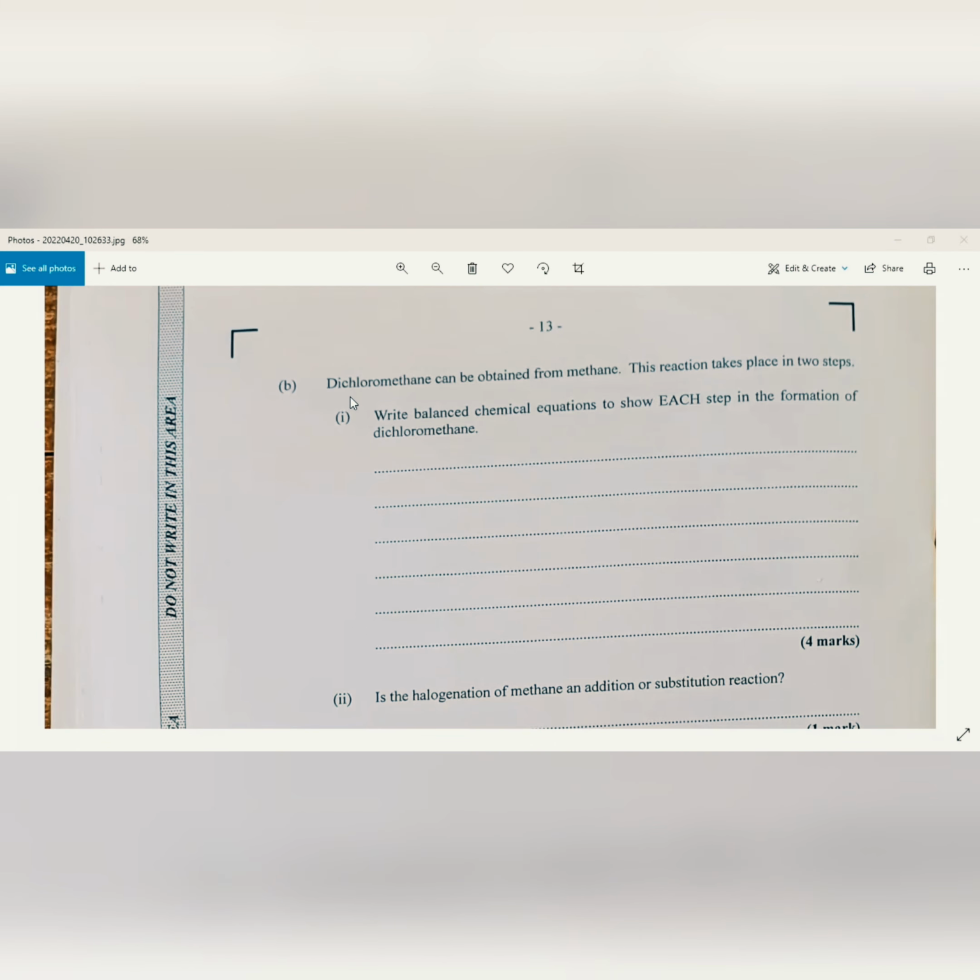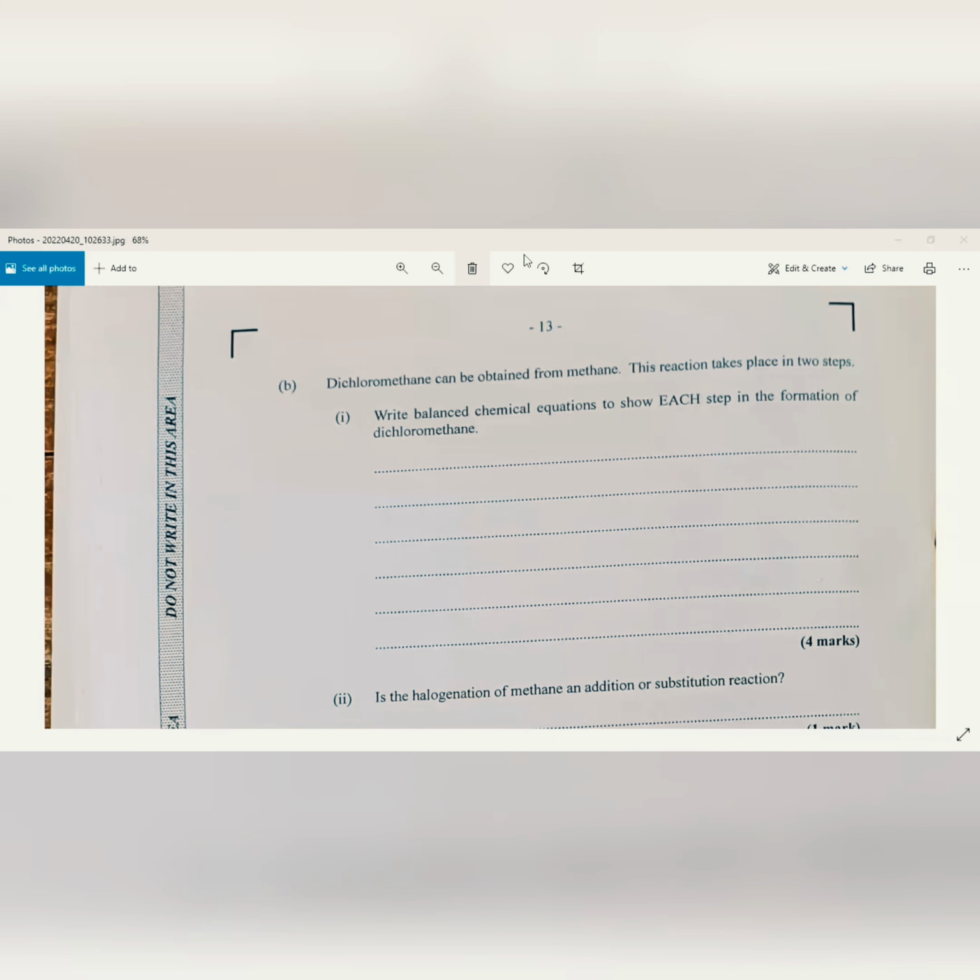All right, so this is the next part. Dichloromethane can be obtained from methane. So this is now an alkane. This reaction takes place in 2 steps. Write balanced equations to show each step in the formation of dichloromethane. First of all, you want to know what dichloromethane looks like.